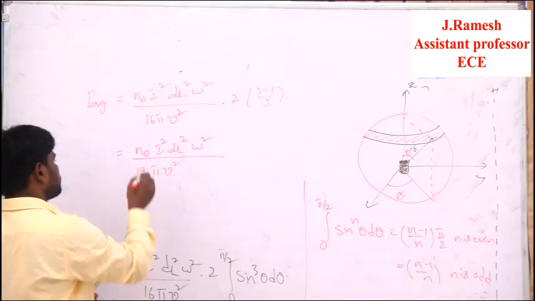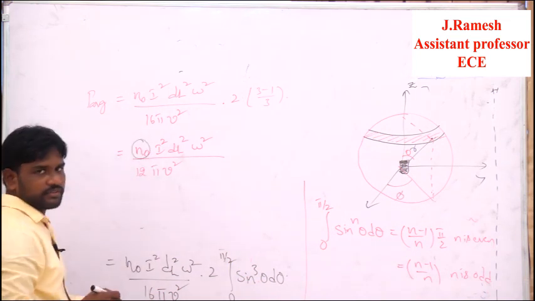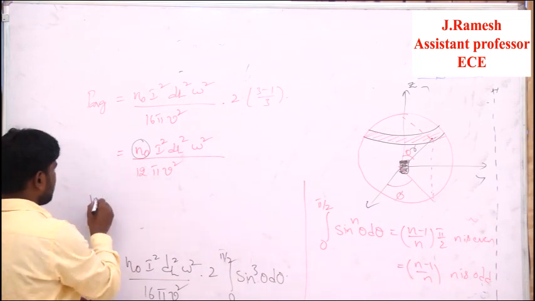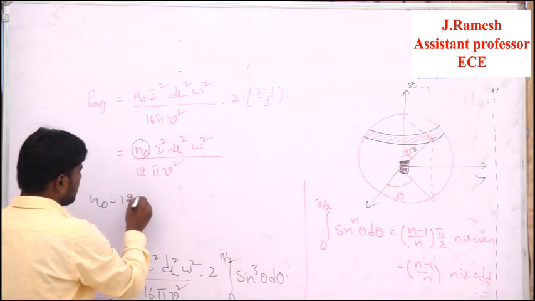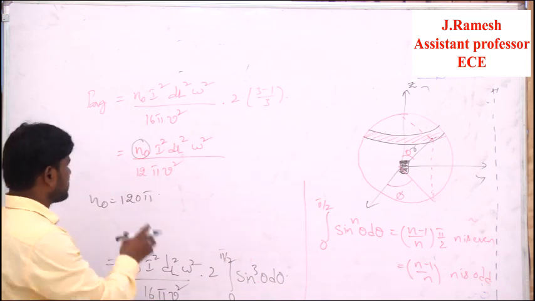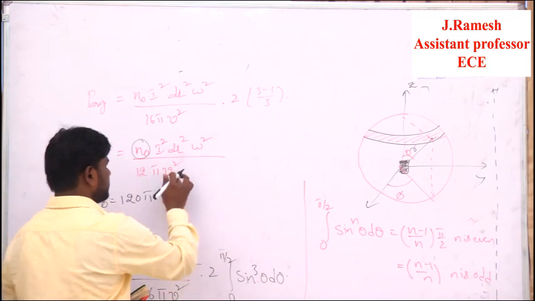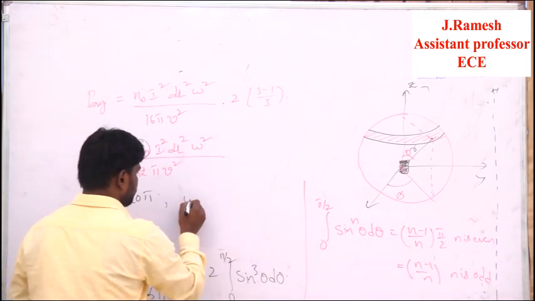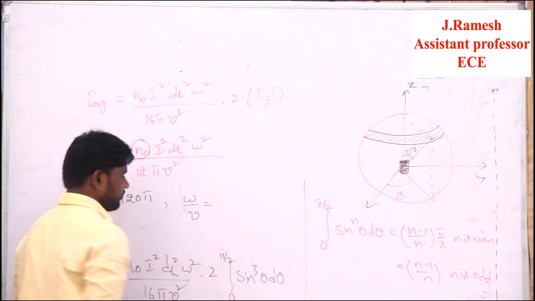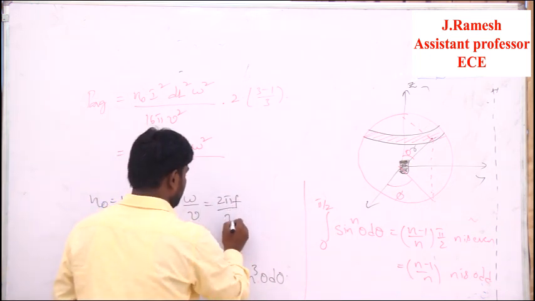But in this, what is η₀? I already know that this is the intrinsic impedance of free space. We all know that it is approximately 120π. So just substitute here, and one more consideration also: I am taking the ω by v ratio. What is ω? ω is always 2πf by v.